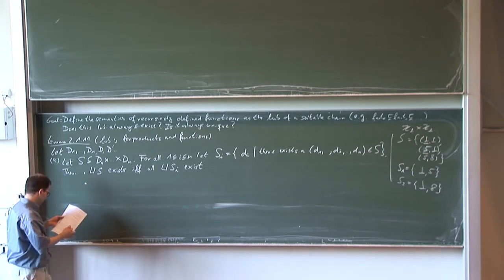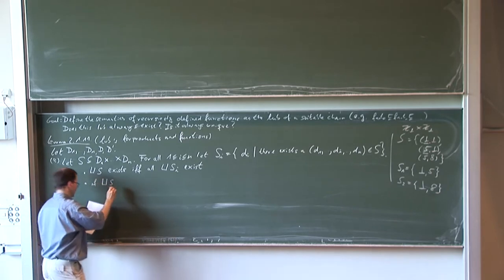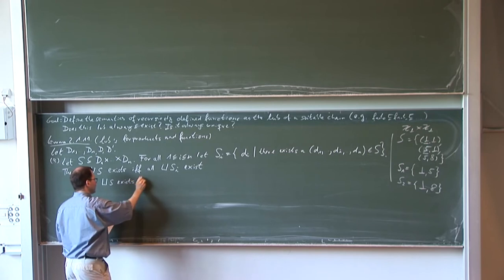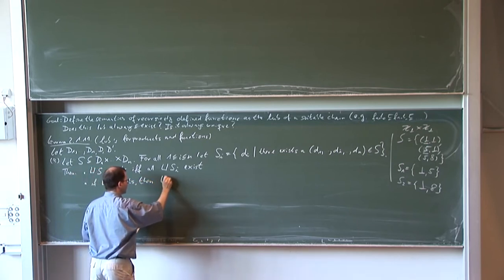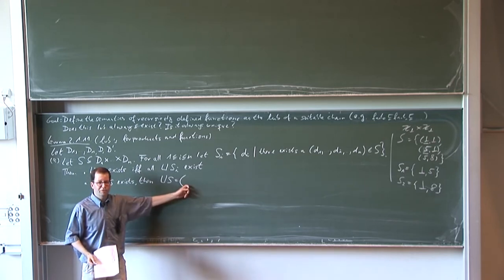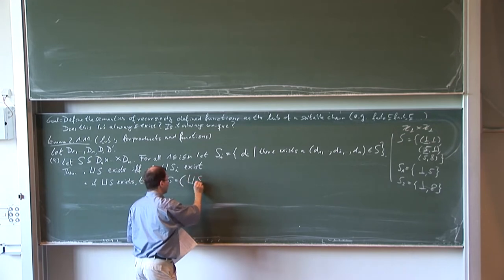And moreover, if the least upper bound exists, then it looks like this. It is simply the tuple where the first component is the least upper bound of S1, the second is the least upper bound of S2, and so on.